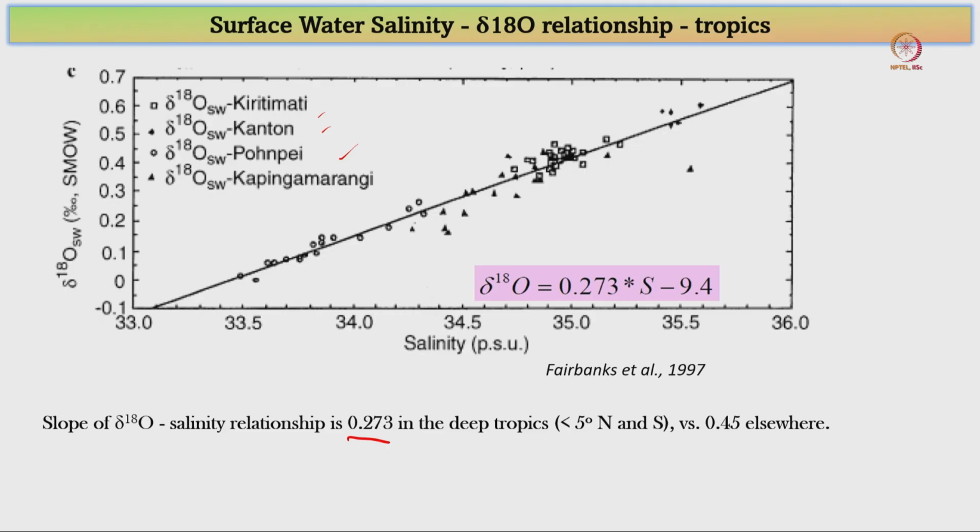Okay. So, it is just the equator, 5 degree north and 5 degree south. In this particular region we have these very shallow changes in delta 18O and salinity, but it is 0.45 everywhere else. So, these are the two empirical relationships that we have seen with the surface water and salinity in the ocean.